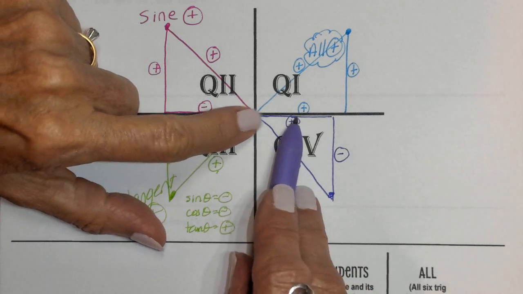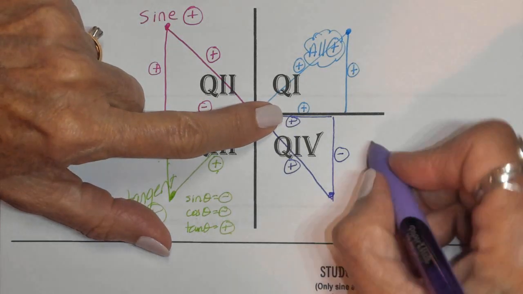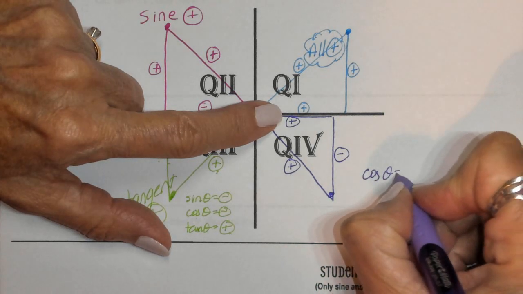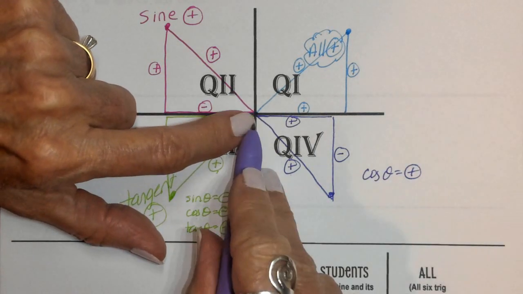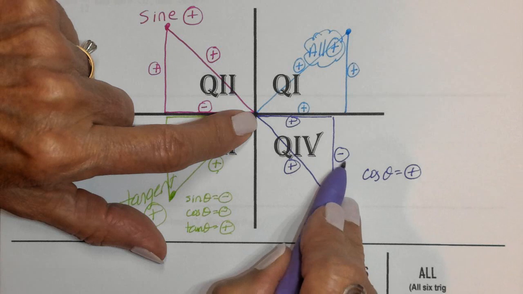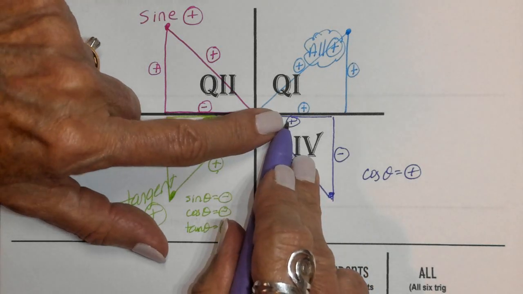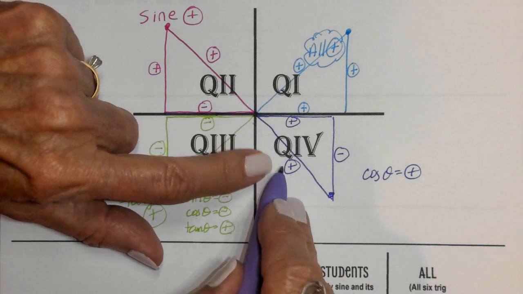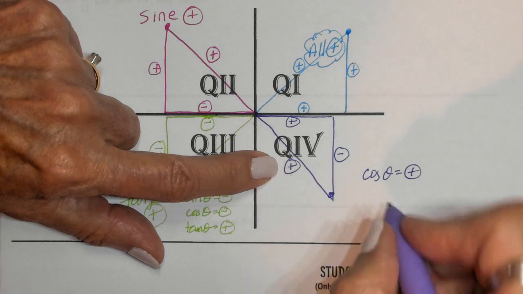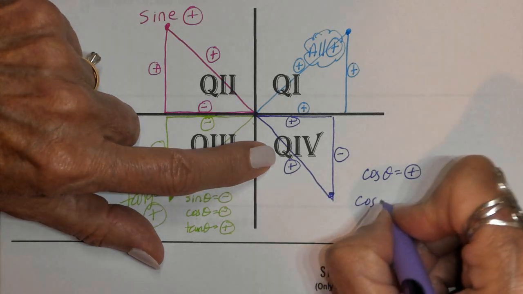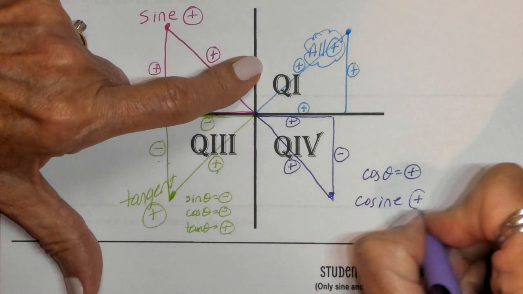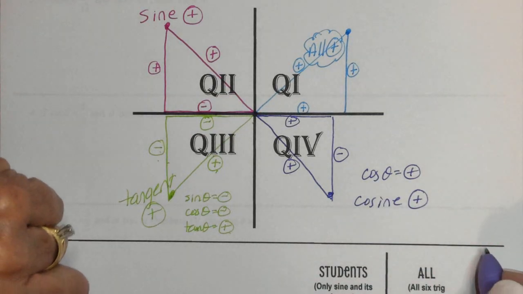Cosine is adjacent over hypotenuse, so cosine is positive. But tangent is opposite over adjacent, so it would be negative. Sine is opposite over hypotenuse, so it'll be negative. So only cosine is positive in quadrant 4.